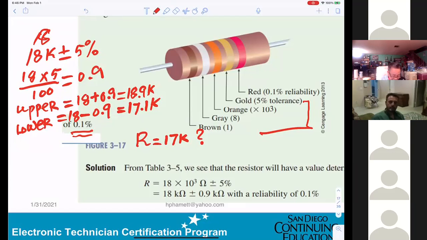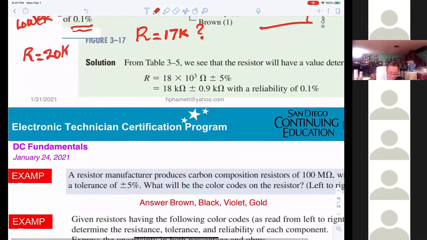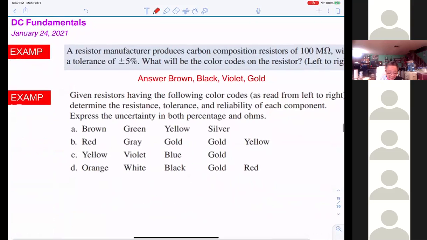Okay, so if I measure 20K, is it okay? No, they say out of tolerance. Now you understand what tolerance means. Inside the upper and lower limit, they're still good. However, if you measure 20K, outside of that limit, then it's not good. Or if you measure 15K, not good. And 17K is outside too, so it's no good, right?